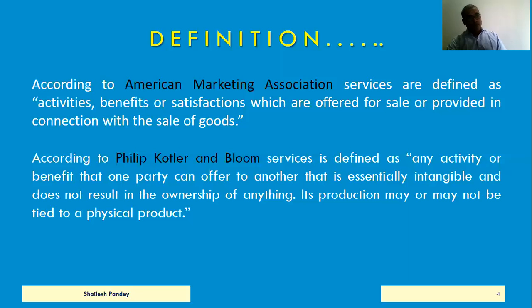So if you are consuming the services, if you are buying the services, you cannot claim that you are owner of the services. But whereas in goods, if you are purchasing a good, you are the owner of the goods. I will explain about the characteristic of the services in the next session, where the intangibility part and ownership part will be discussed in very detail.